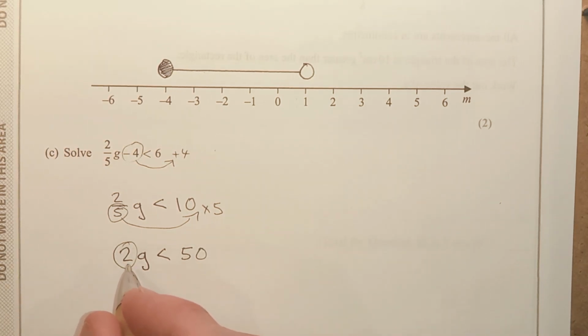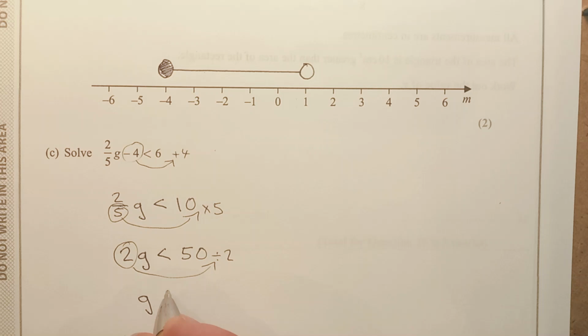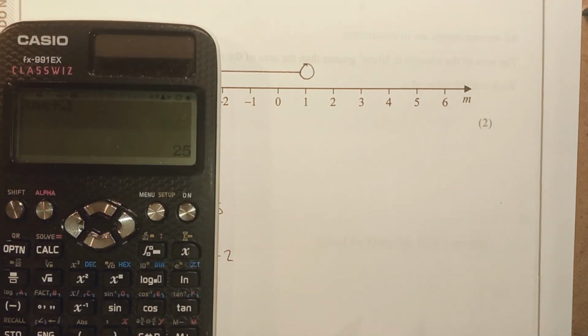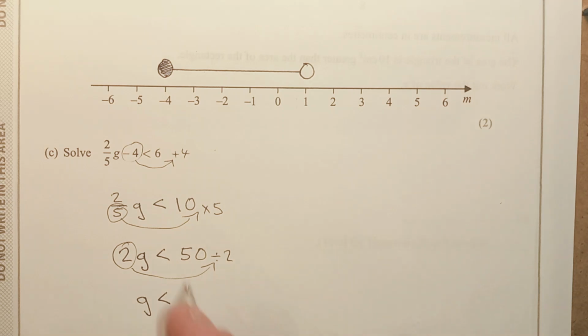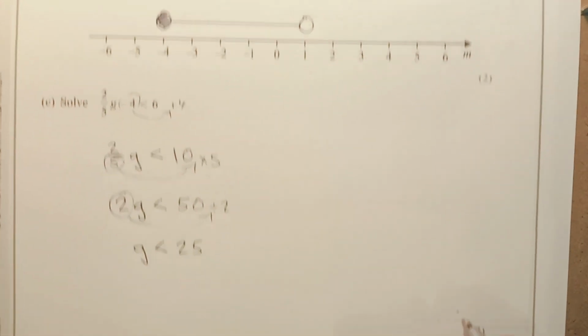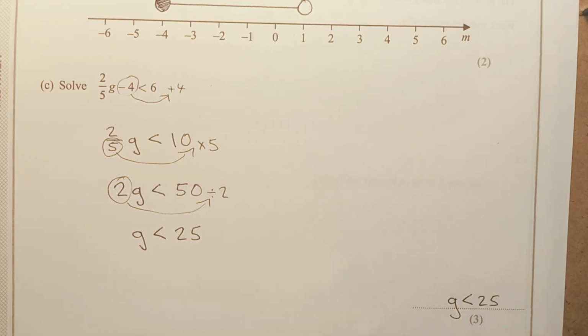So to get rid of the 2, we're going to divide by 2. Move it across, that's becoming divide by 2. So we get that g is less than 50 divided by 2, which is 25. We can put that on our answer line down here.